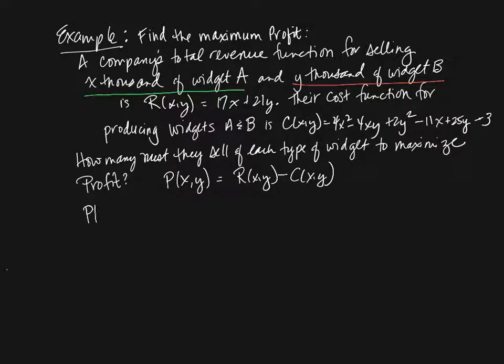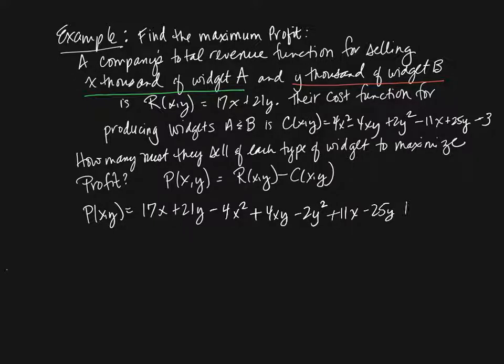So in this case, our profit function is going to be 17x plus 21y, and then we subtract off all of our terms in C. So it'll be minus 4x squared plus 4xy minus 2y squared plus 11x minus 25y plus 3, right? If I'm going to subtract off the cost function, every term in here gets subtracted off, so every term gets an opposite sign.